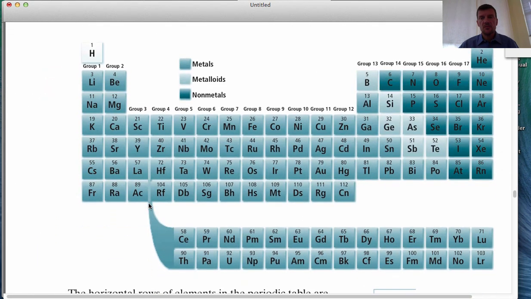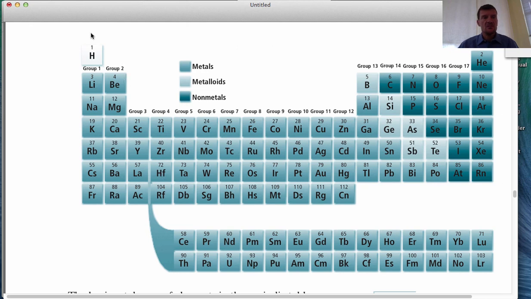Here is an example of a periodic table. This is group 1, 2, 3, 4, and so on, all the way over here to 18. We're going to learn why the periodic table is arranged the way it is, and it all has to do with properties.